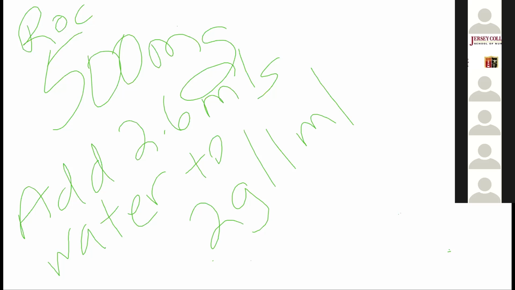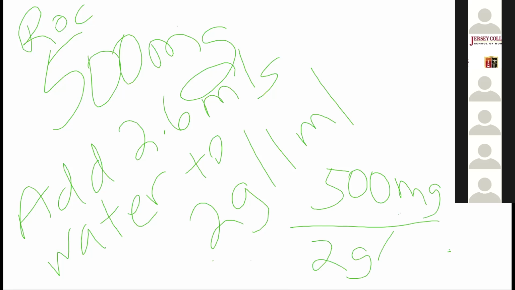Now, what's the formula you're going to use for this? Desired over have, right? Okay, so our desired dose is 500 milligrams. What we have on hand is 2 grams per 1 mL.